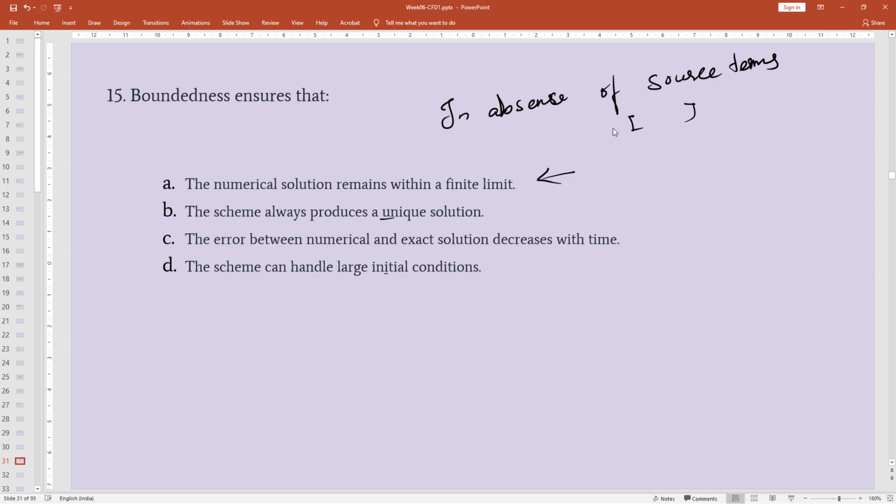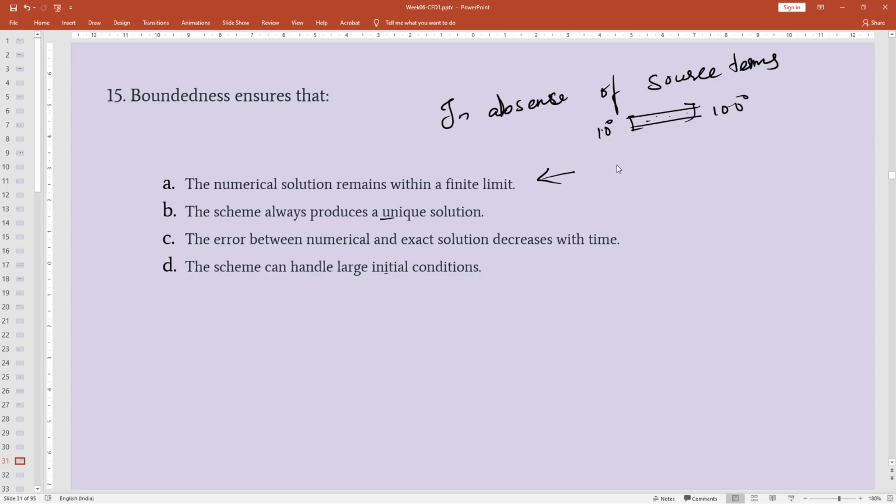Suppose it's a heated rod with 10 degrees and 100 degrees at the ends, then the values inside this domain should be in between 10 and 100. Such a property is known as boundedness.